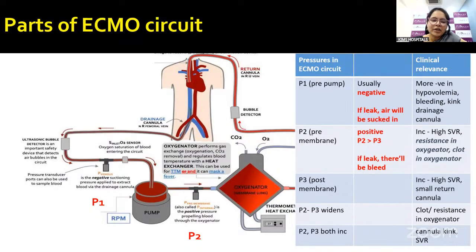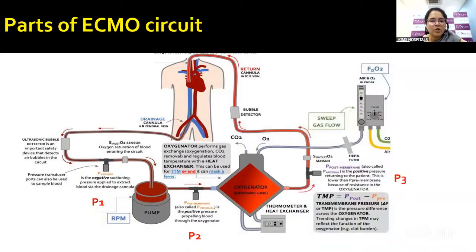Particularly when there is a leak in the pre-pump part of the circuit, air can get sucked into the circuit and this can become a problem. It also can lead to a problem called chattering, where the circuit vigorously moves and creates some kind of sound because of the inability to drain as much blood as required.